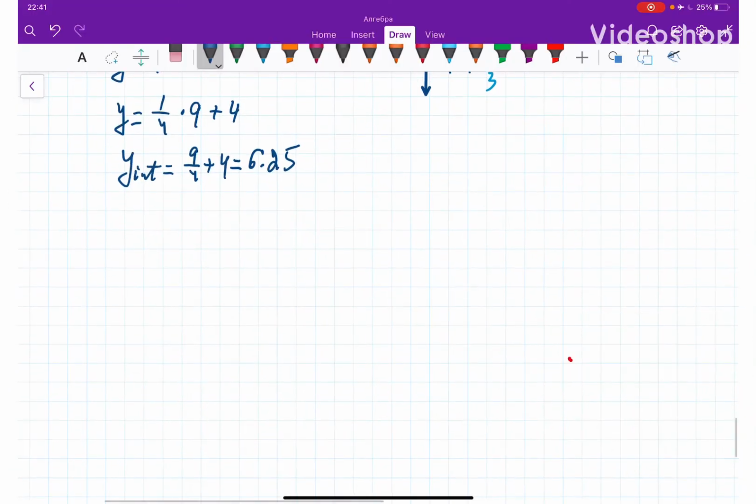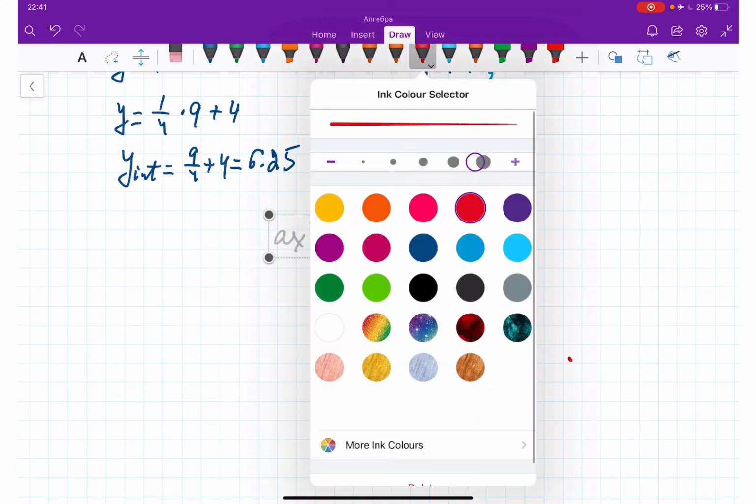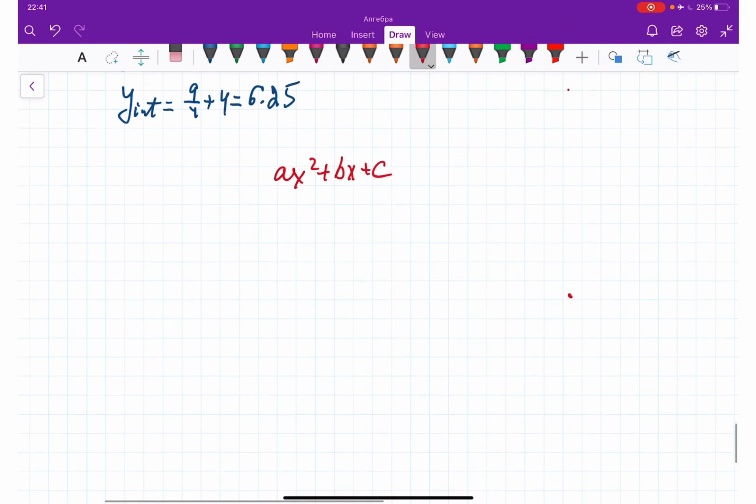So standard form, ax squared plus bx plus c. Okay, let's use standard form now and see what's gonna happen.